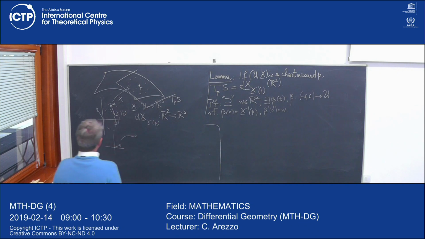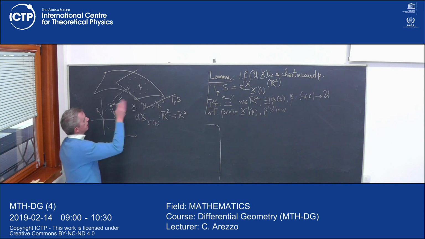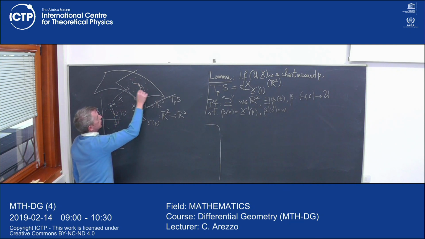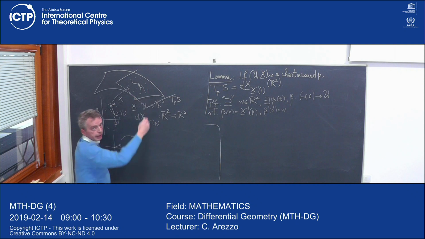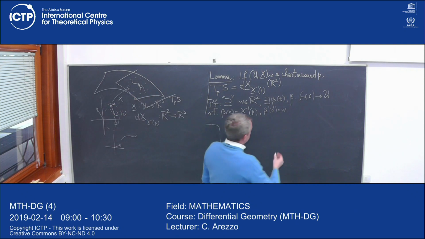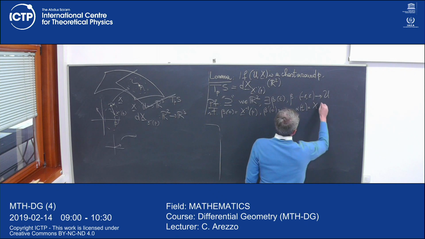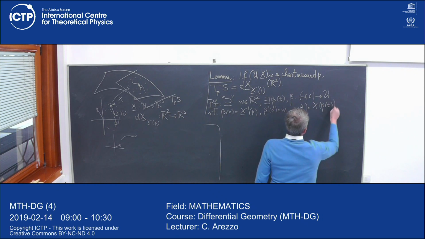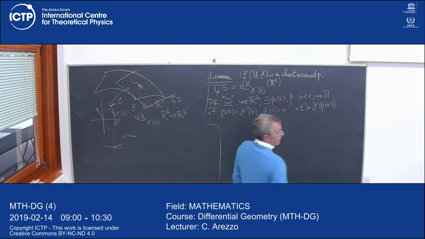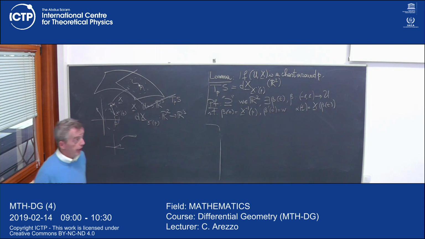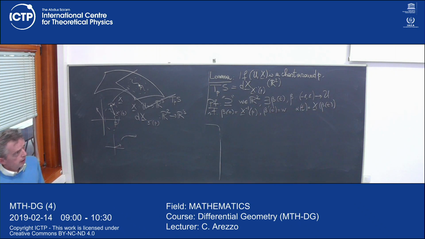And now, of course, take this beta and throw it to the surface with a chart. Okay, I have a map x going there bijectively, so alpha of t will be by definition what? x of beta of t. So I define a curve alpha on S, on the surface.